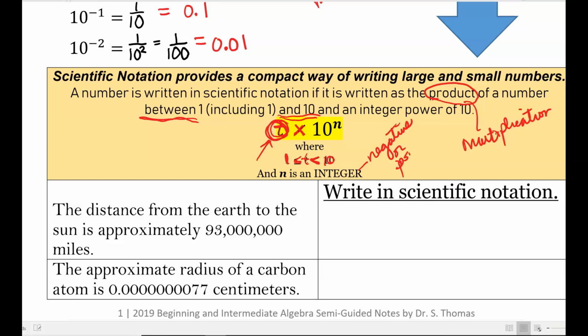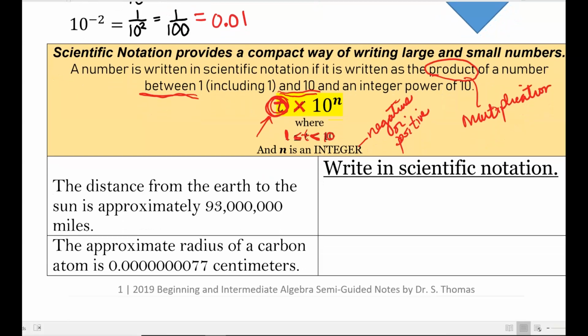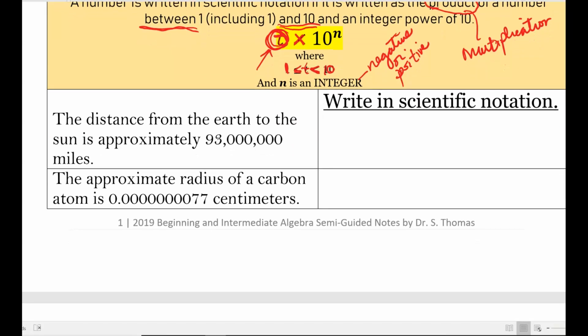So that exponent is going to be negative or positive. Only in scientific notation do we keep that negative exponent. Normally we will make it positive and simplify. So let's write the following scenario in scientific notation.